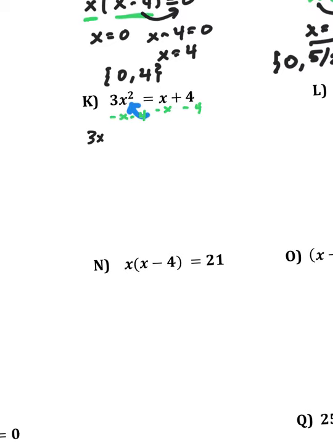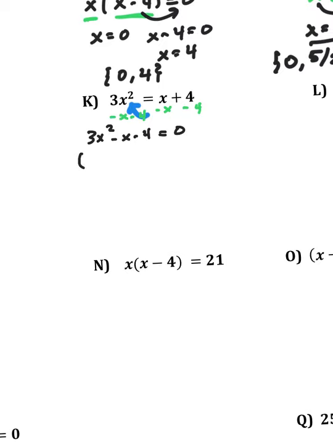Let's leave it in descending order. 3x squared minus x minus 4 should equal 0. All right, and so on the side here, you would be doing some AC method where you're looking for factors of 12 that subtract to give you 1. Another option here is to go ahead and do some guess and check, right?